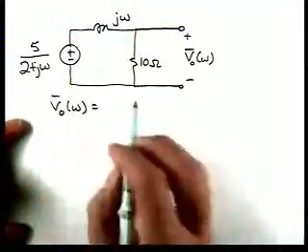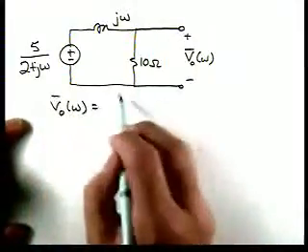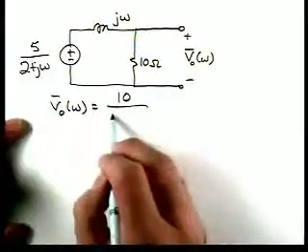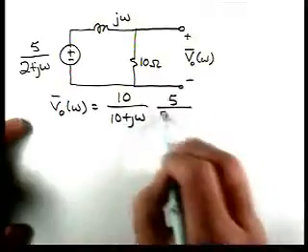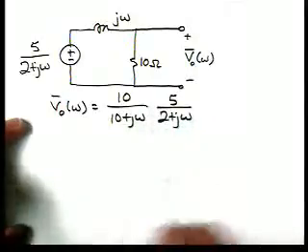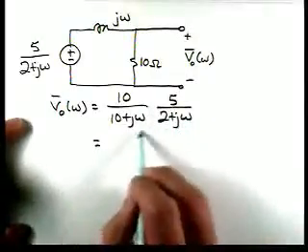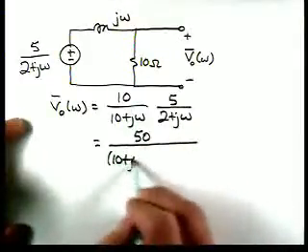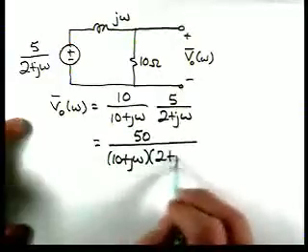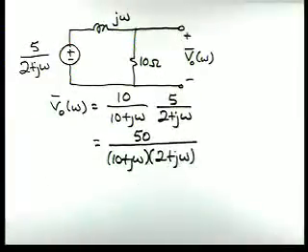So now let's calculate V0 of omega. By voltage division, we have 10 over 10 plus j omega times 5 over 2 plus j omega. So we have 50 over 10 plus j omega times 2 plus j omega.